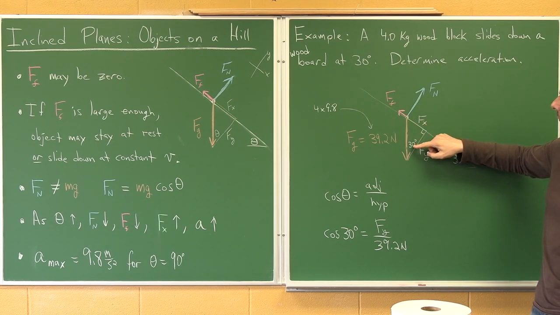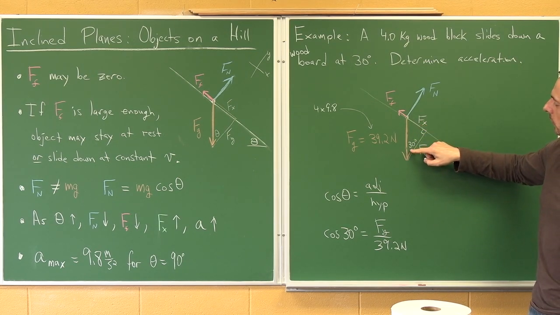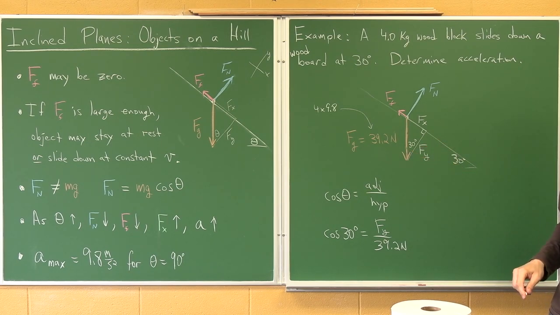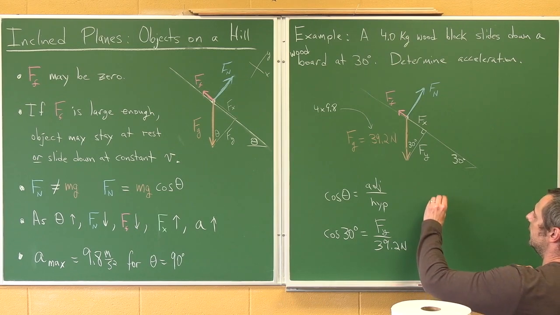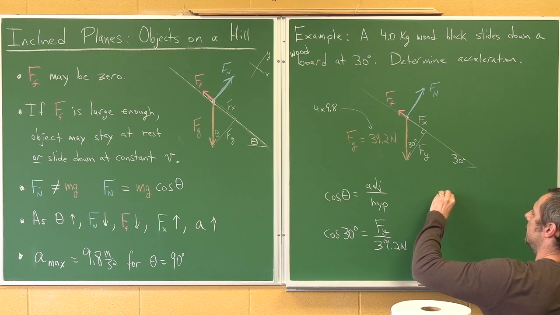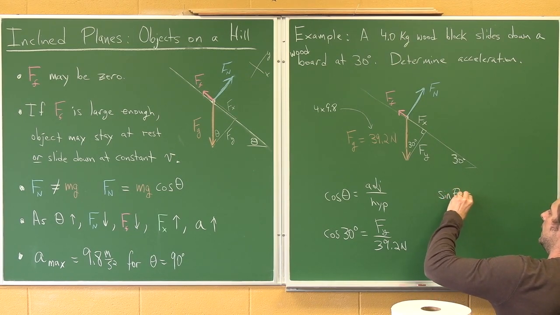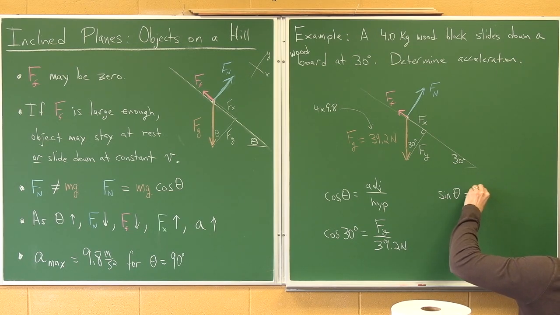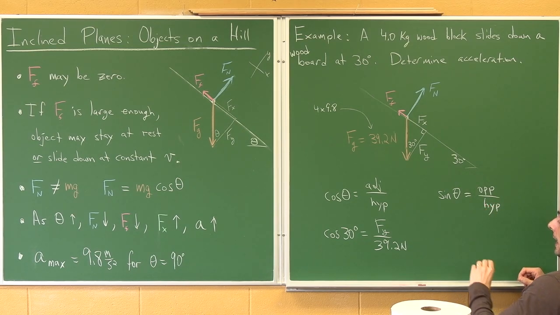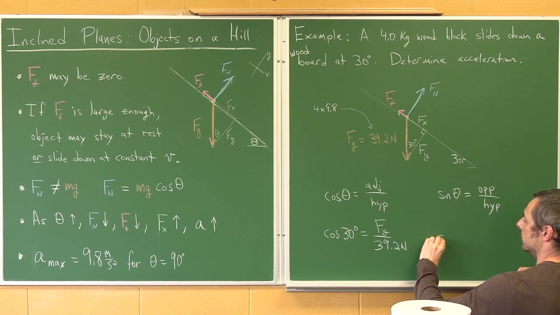This is the opposite side, opposite the angle. So the trig function we use is not cosine, but sine this time. So let's say the equation is sine theta, and it's the opposite side over the hypotenuse, as always. And now we can plug in our numbers.